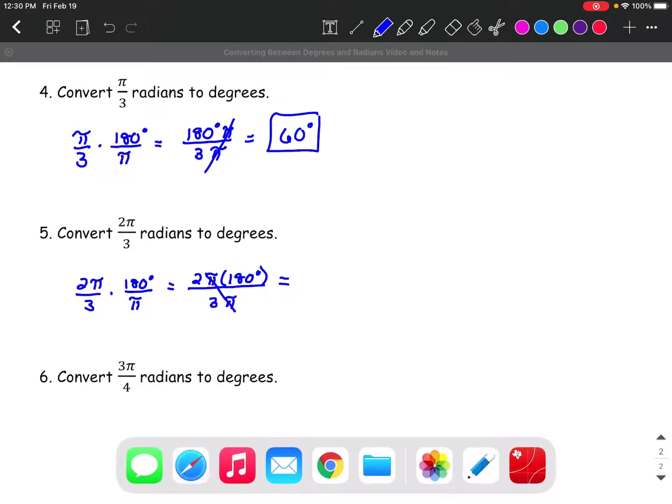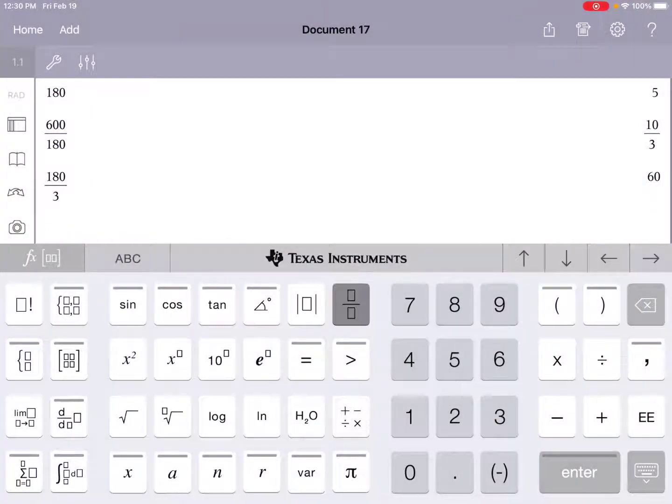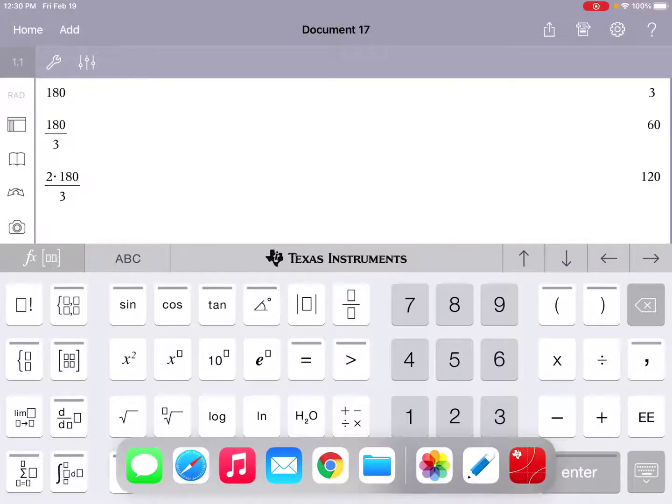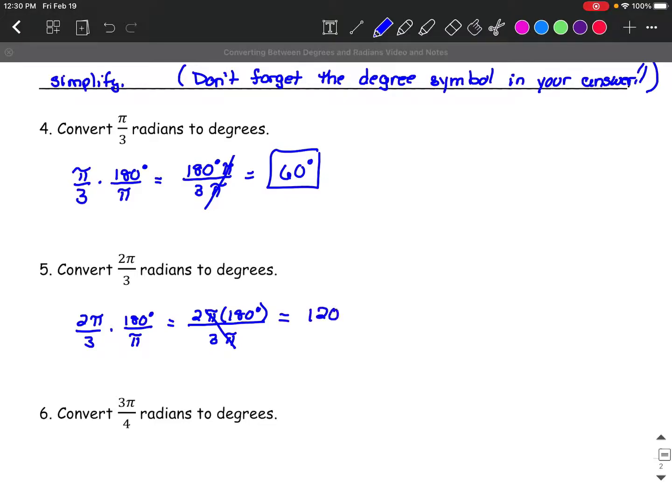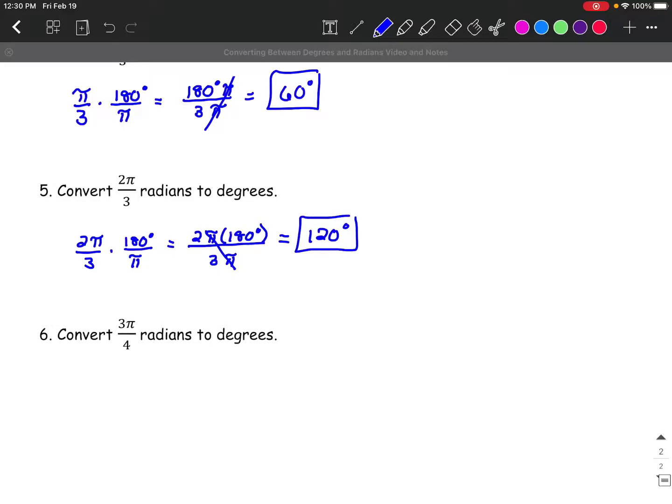So it's perfectly okay to go here with your fraction and do 2 times 180 over 3. And you'll get 120. And we have to remember to write what? Degrees.